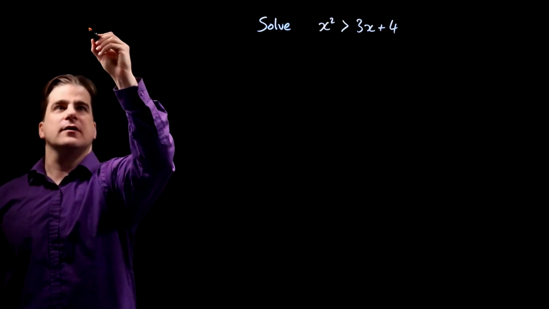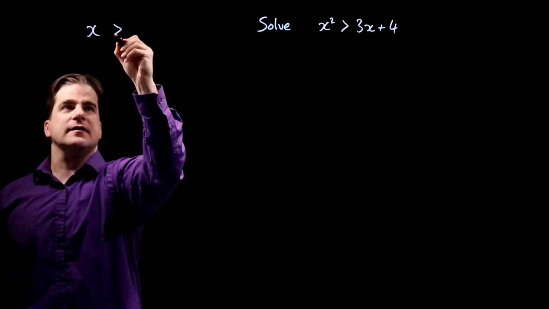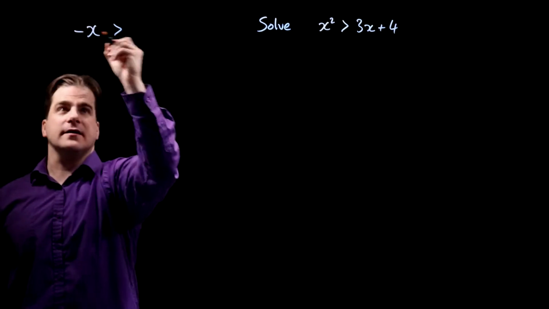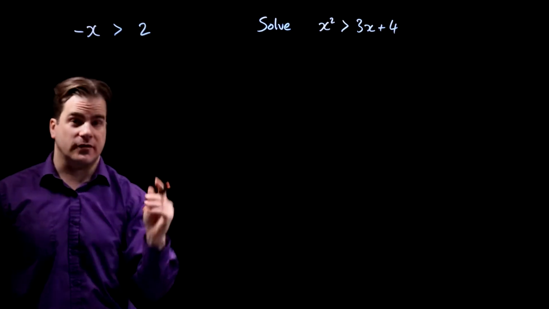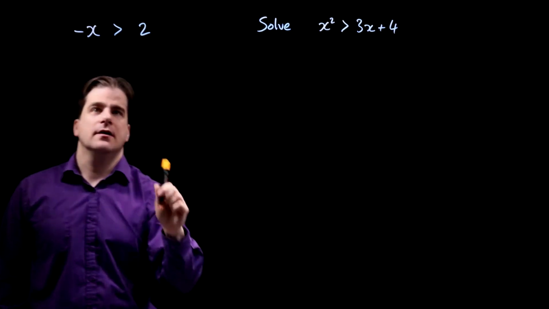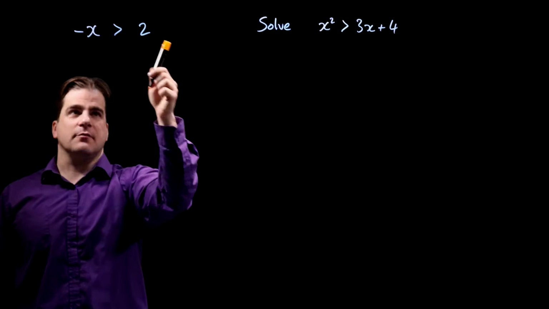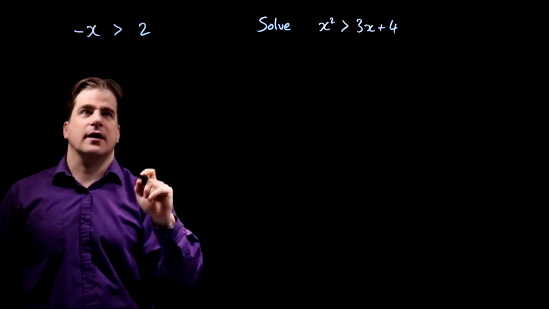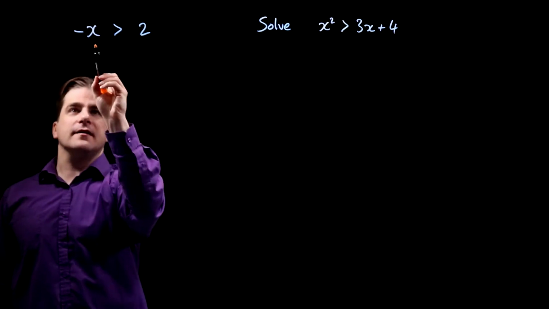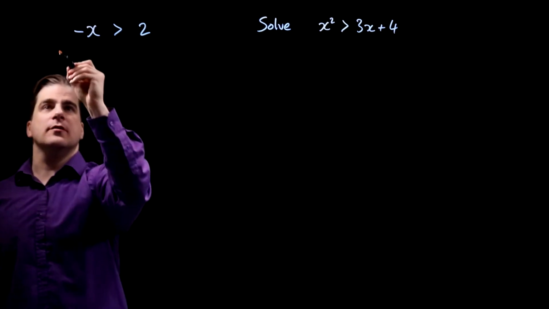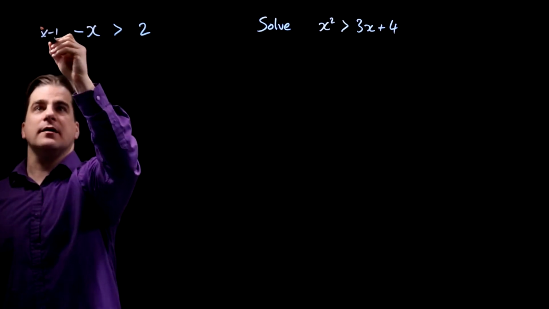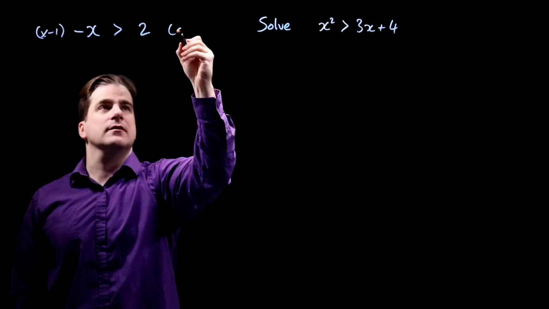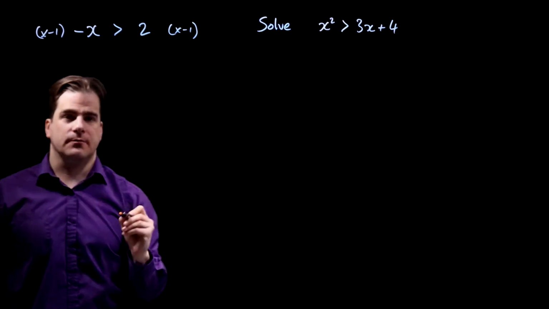If you have, for example, minus x is greater than 2, you want x something minus 2. To get plus x, you would multiply both sides by minus 1.